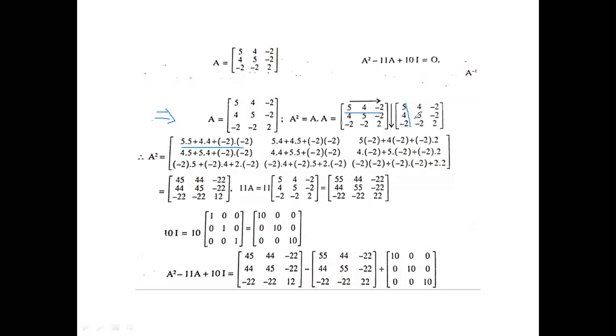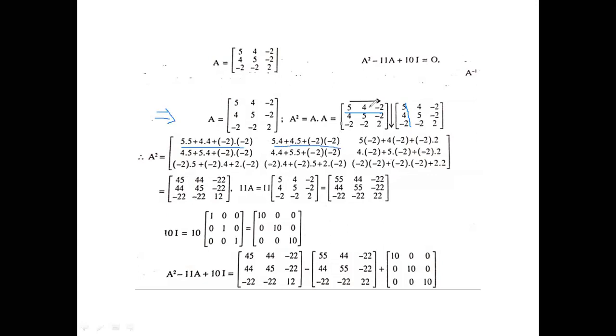So 5 multiplied with 5 plus 4 multiplied with 4 plus minus 2 multiplied with minus 2. This is the element. Again, first row, second column, we get 5 multiplied with 4 plus 4 multiplied with 5 plus minus 2 multiplied with minus 2.